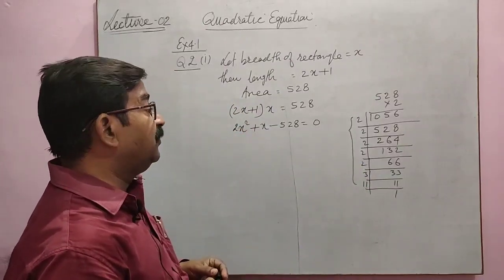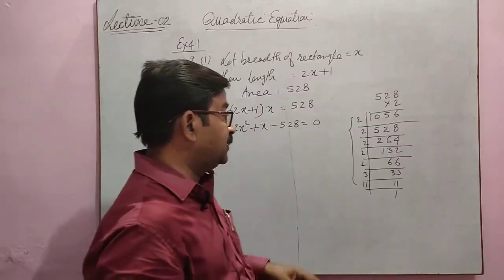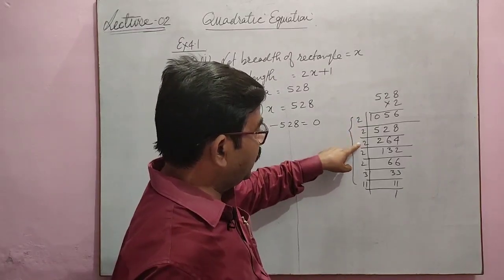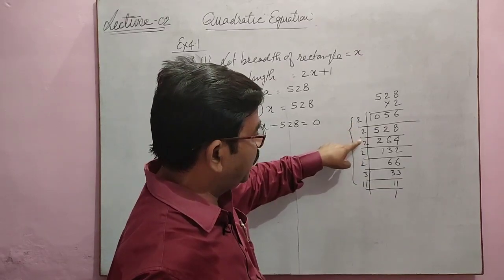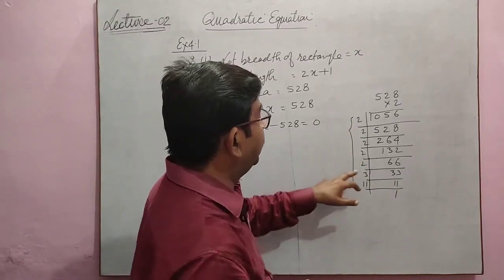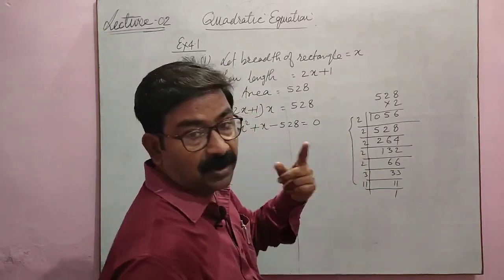Let's see. We have to choose two factors such that their difference is 1. 2 to the 4, 2 the 8, 2 the 16, 2 the 32, and 11 times 3 is 33. So 33 minus 32 is 1.